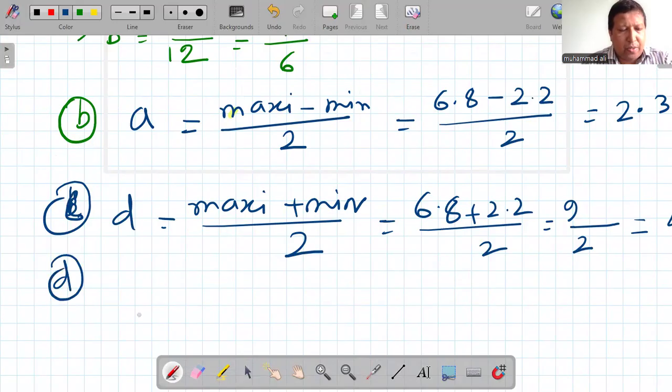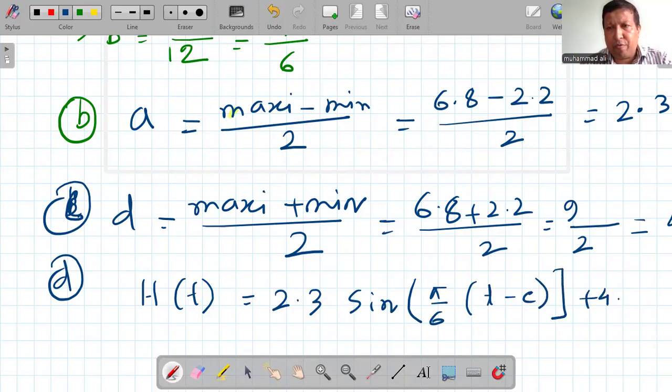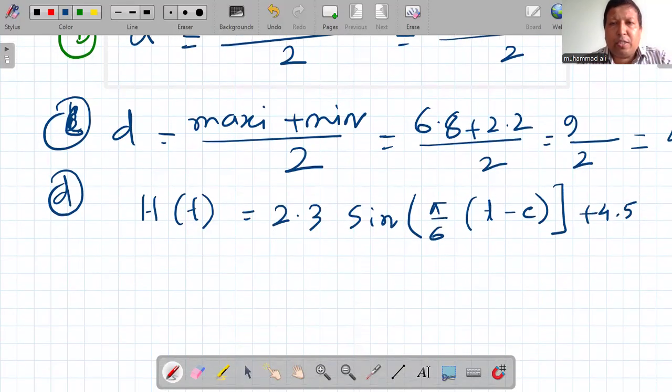Now for part c, we put all the values: h(t) equals 2.3 sin, where b is pi by 6, (t − c) plus 4.5. We want to find the smallest possible value of c.